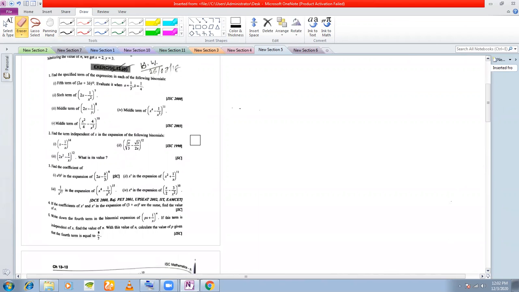Okay, so let us see. Let us take an even power first. Let us see 1, 3. You need to find the middle term of (2x minus 1 by y) to the power of 8.